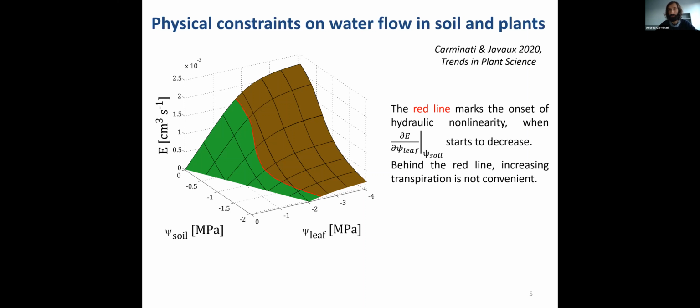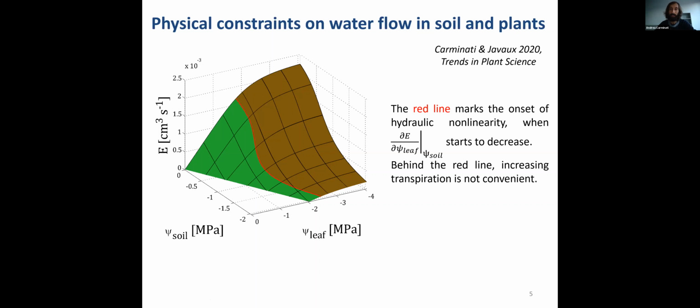This can be due to the xylem vulnerability, especially in this part when the soil is still wet. This was a key point in the concept of sparing that was very similar to what we are describing here. And you have a part here where actually it is the soil that is determining the nonlinearity of the surface. And we divided the linear and the nonlinear part by a red line here.